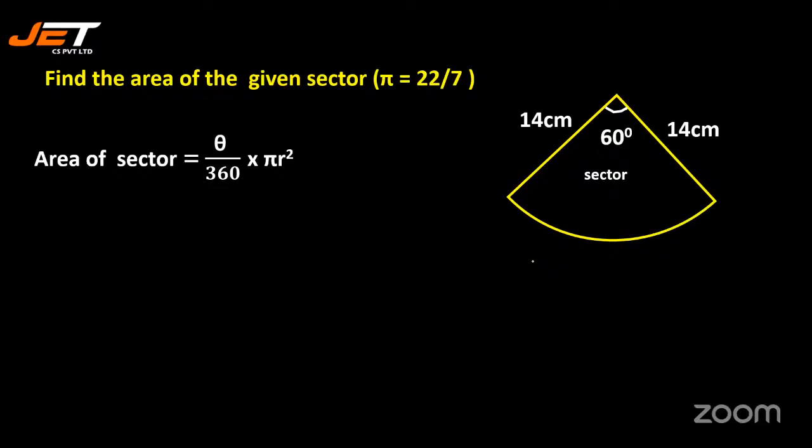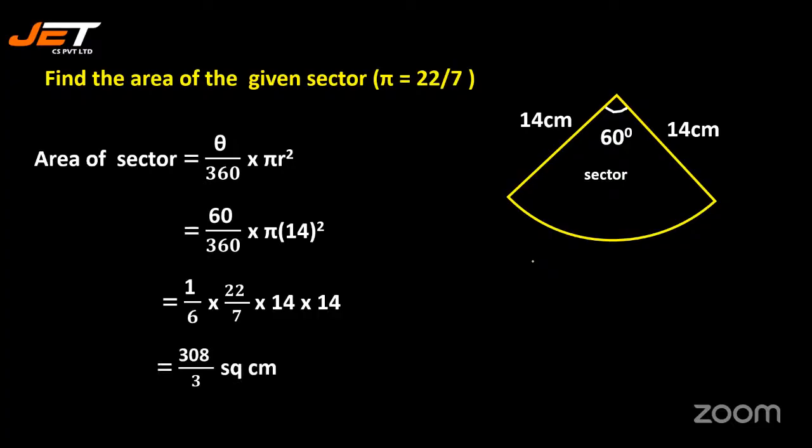Theta is 60 degrees, so 60 by 360 into pi into radius 14 into 14. Simplifying, we get 1 by 6 into 22 by 7 into 14 into 14, so it is 308 by 3 square centimeter.